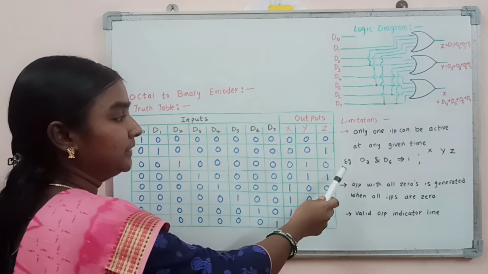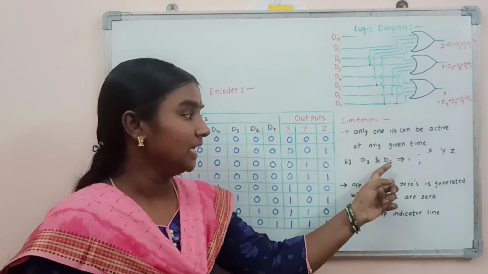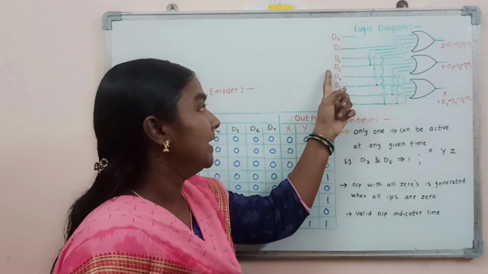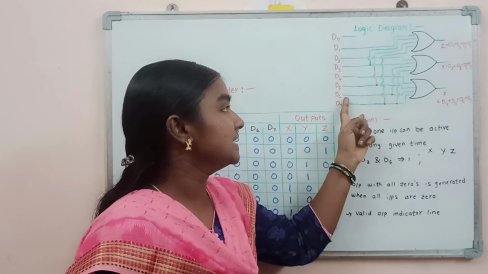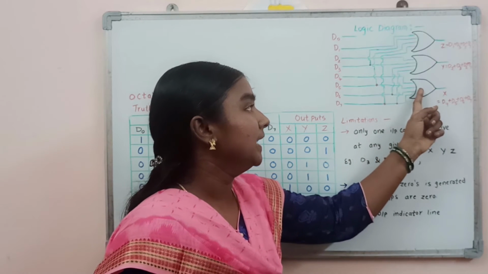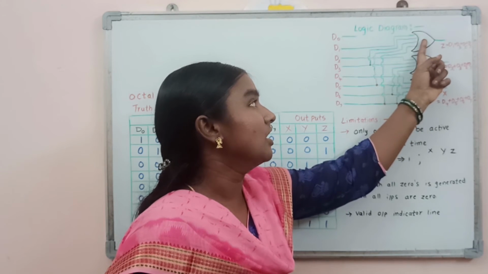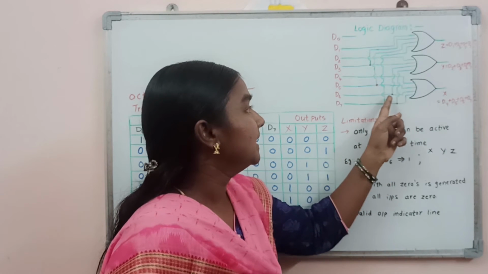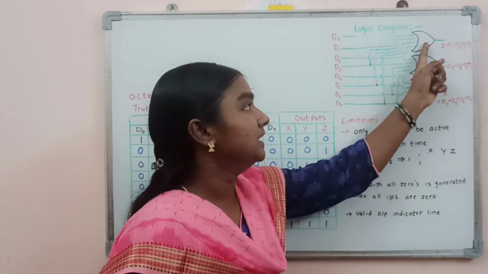For example, here D3 and D6 inputs are equal to 1 at a time. In this logic diagram, these two input lines connect to the OR gates: D6 is connected to this one and this one, and D3 is connected to this one.